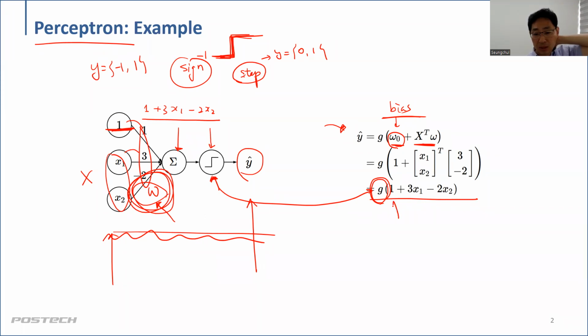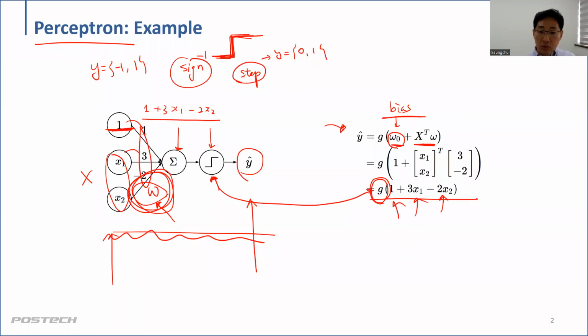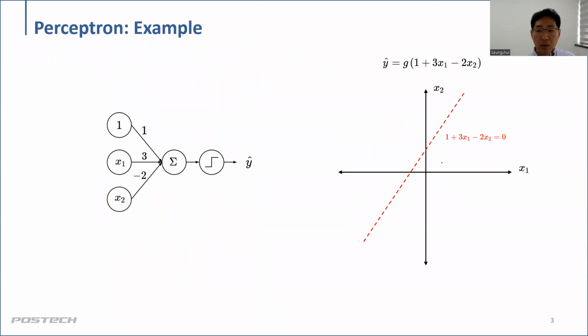So omega means the coefficients. This is the visual representation, and I'm writing down the equations in matrix vector form, and geometrically we can also draw it.